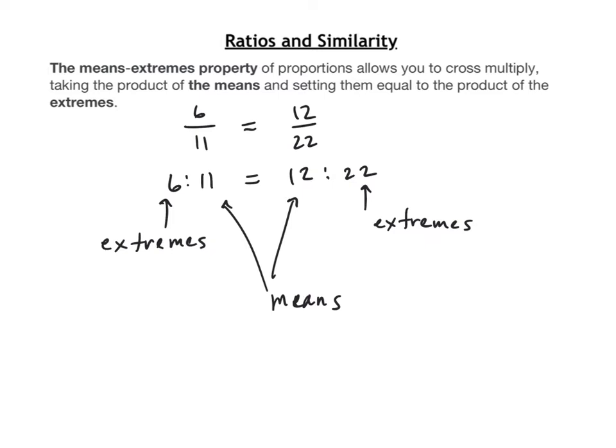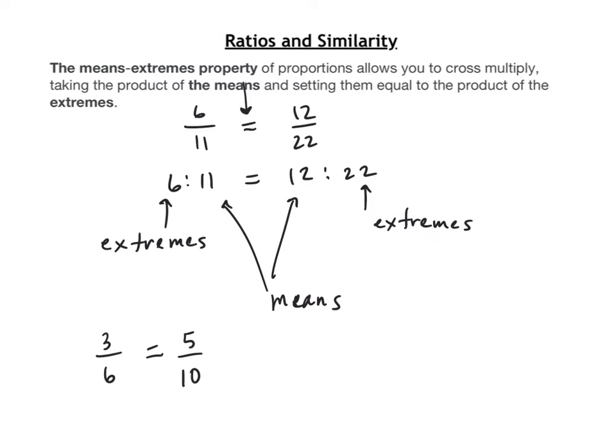The means extremes property you know by another name, cross multiplication. To cross multiply, to use the means extremes property, you must have two equal fractions, two equal ratios that make a proportion, and you can cross multiply. Let's take one we can see very easily. 3/6 is the same thing as 5/10.